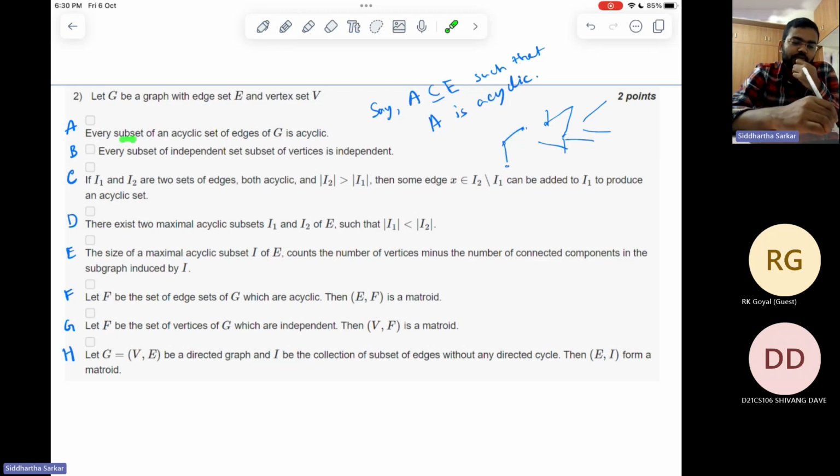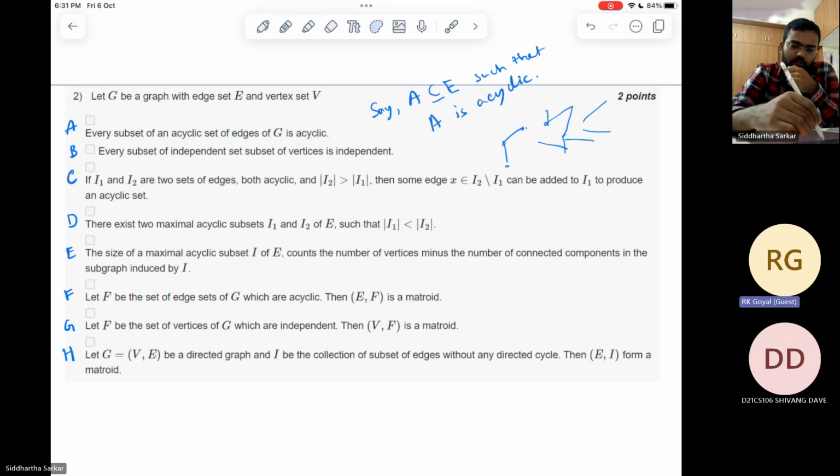So when we say a subset of an acyclic set of edges, we are probably deleting some edges, or maybe taking all the edges, but we're not adding new edges. So unless we add new edges, how can a cycle get generated in an acyclic graph? It is not possible, and therefore any subset of an acyclic set of edges of G is also acyclic.